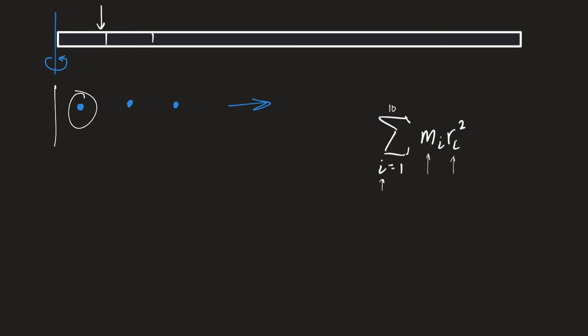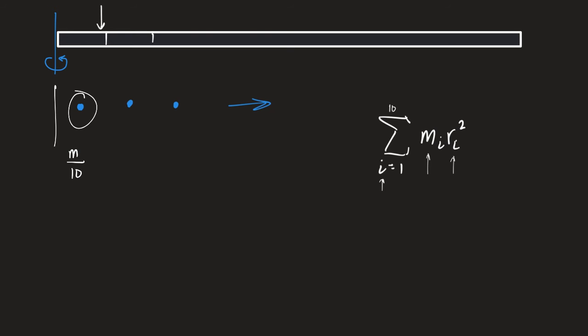So my first term will be the mass of M1. Well, the mass of M1 is 1/10 the mass of the whole meter stick. I took the whole meter stick and I'm breaking it up into 10 pieces. Is that okay so far?